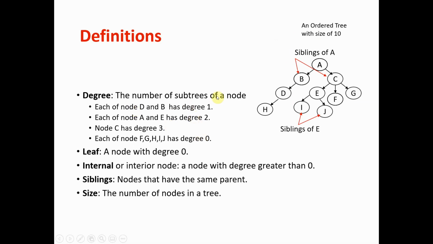Degree is the number of subtrees of a node, or the number of children of a node, right? So for example, here the degree of this node is 1, the degree of this node is 2, the degree of this node is 3, and so on.